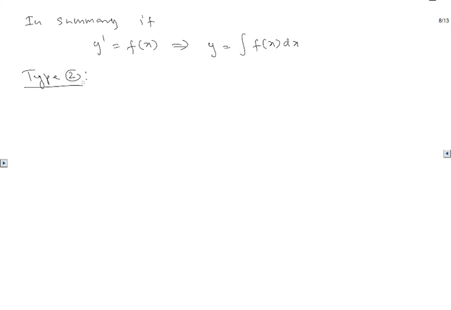Type 2 is y prime equals f(y), that means a function of the dependent variable.